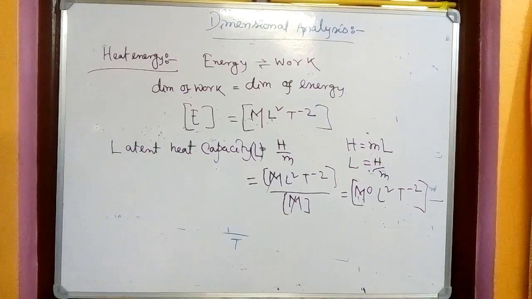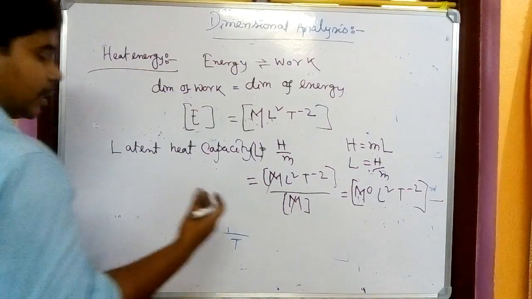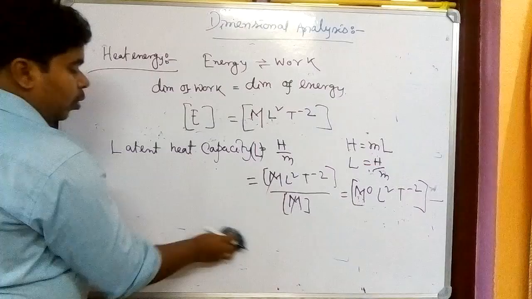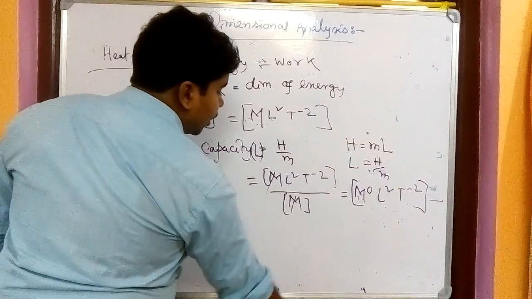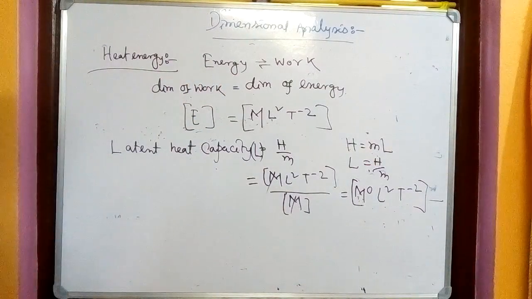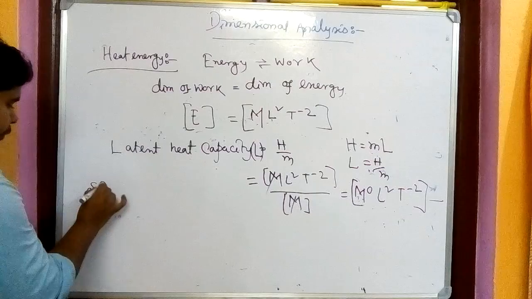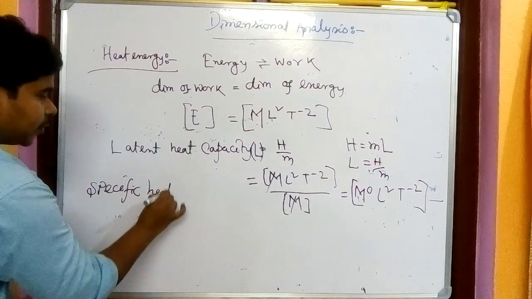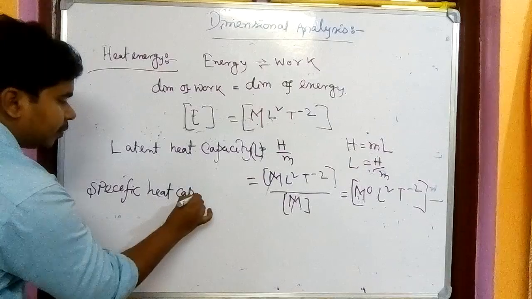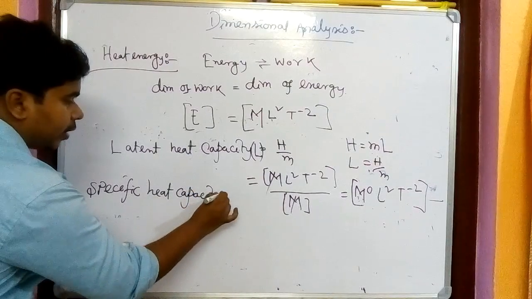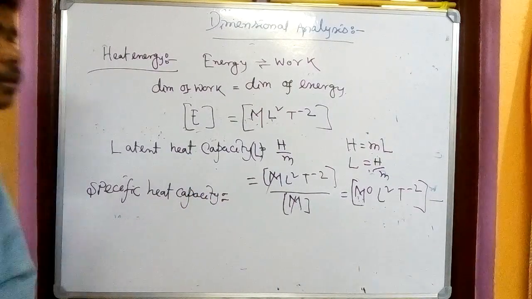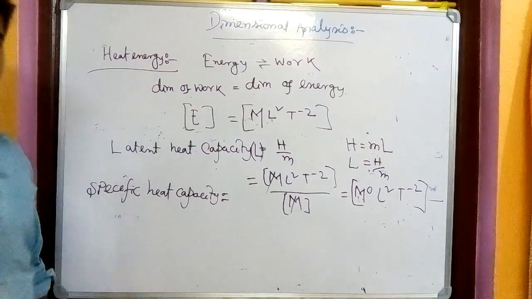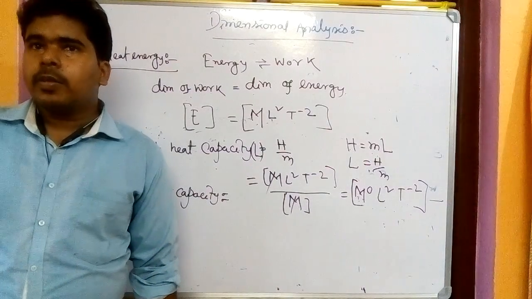There you will understand that only mass, length and time are not enough to represent a dimension. Just like if I am talking about specific heat capacity, I think the ICSE student can relate with me. You have just learned this thing.